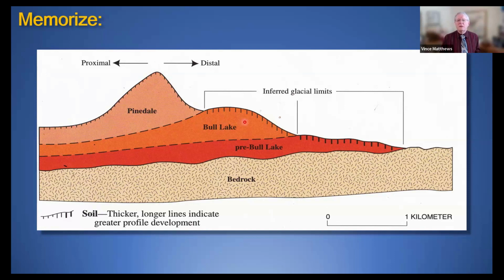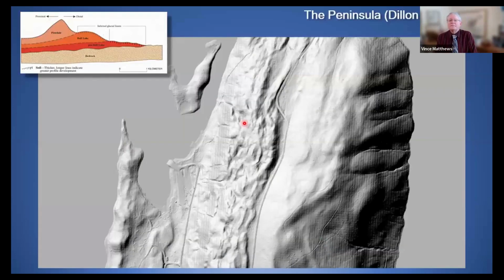The Bull Lake deposit has been around for about 120,000 years, and it has been subjected to rain falling on it. The soil profile will be deeper than on the Pinedale because it's been subjected to weathering for a lot longer. And the shape of the Bull Lake is usually much more rounded and not peaked like the Pinedale moraine. And then we have this older moraine that's got even older soil profiles in it and not much shape of an end moraine or a recessional moraine or a lateral moraine.